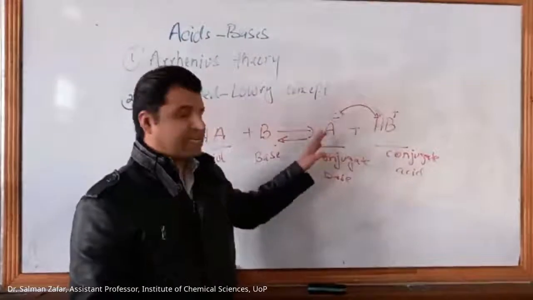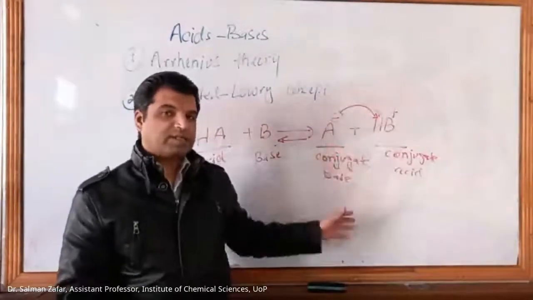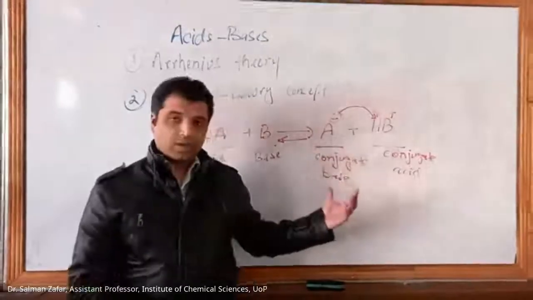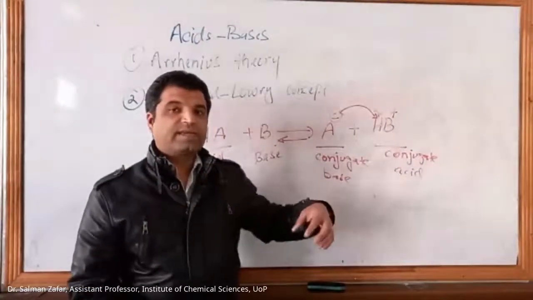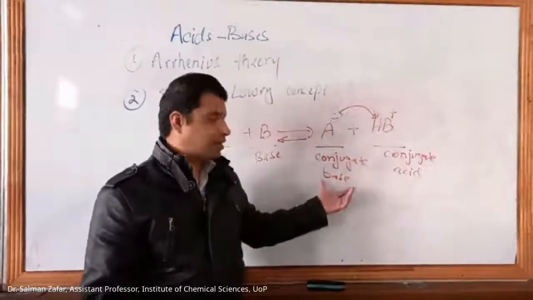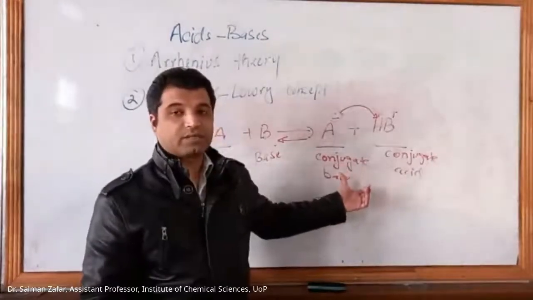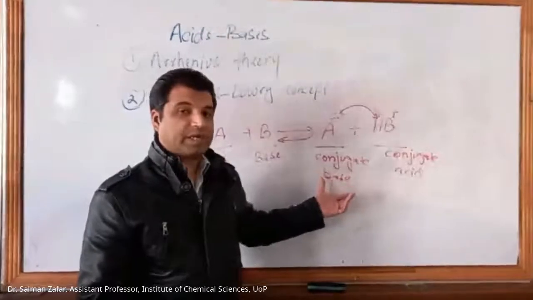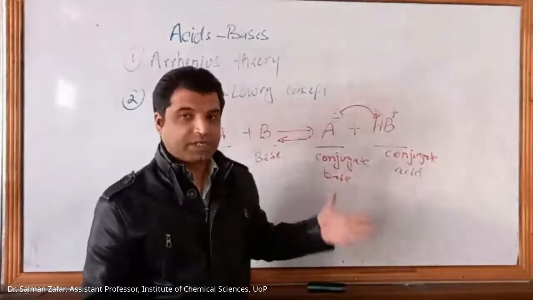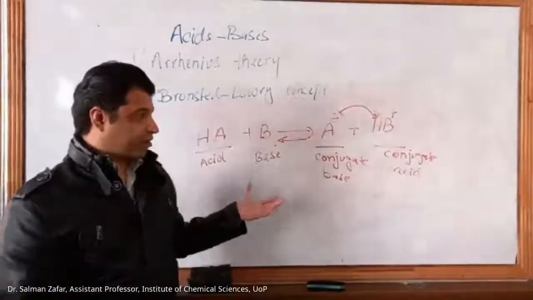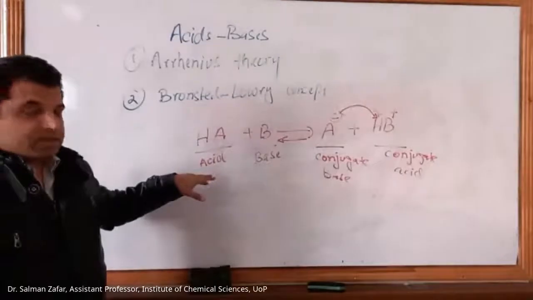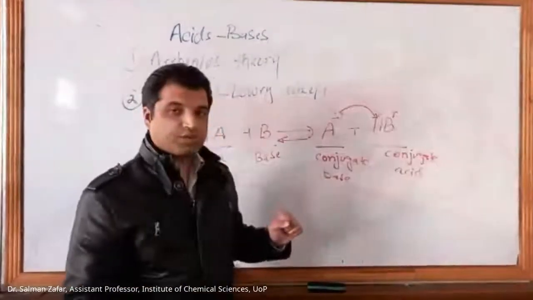So it could stay for some time in this anion form. And if it can stay in this form, then we say that it's not much reactive. If it is not much reactive, we say that it's a weaker base. The capacity of this base to abstract a proton is slightly lower because of its more stability or less reactivity, right?